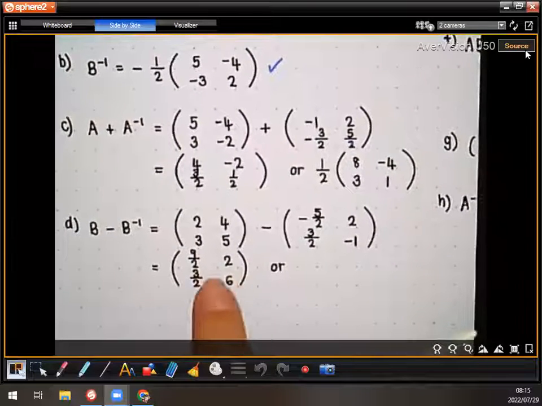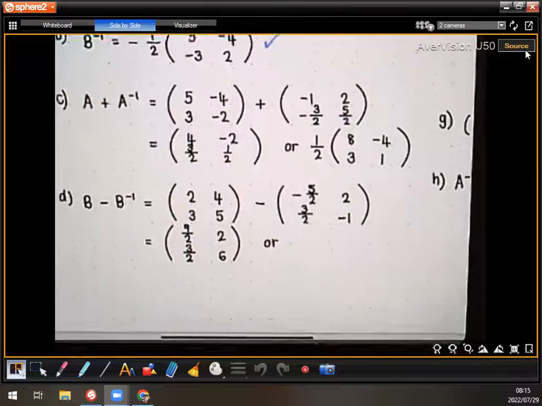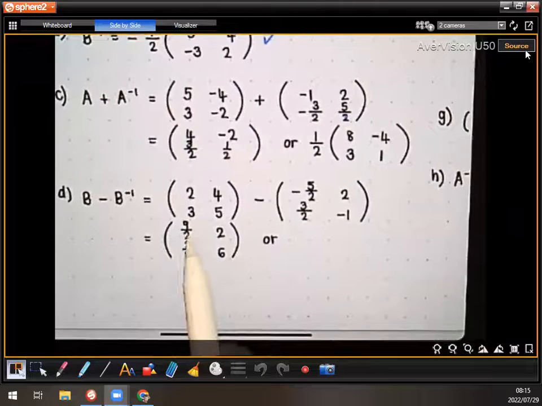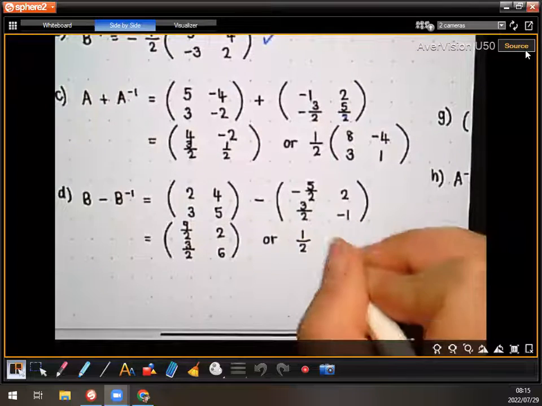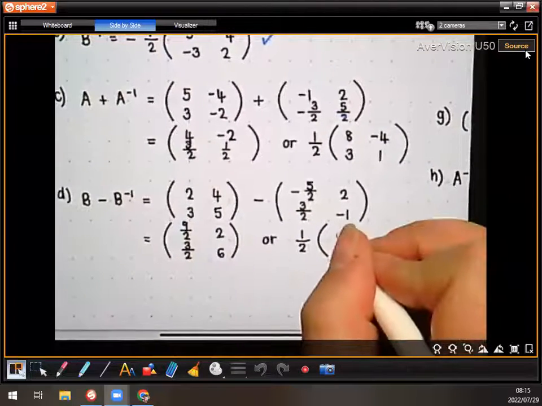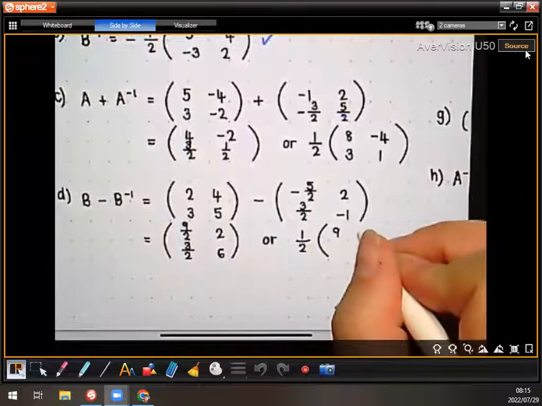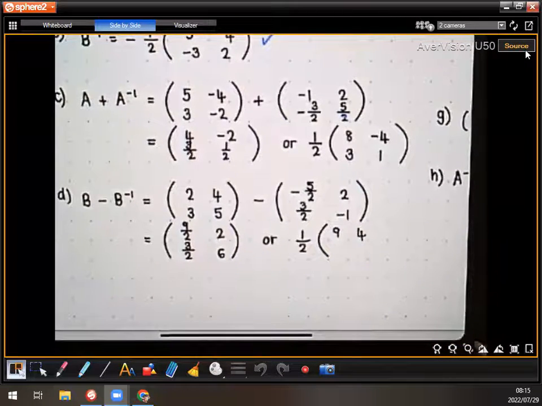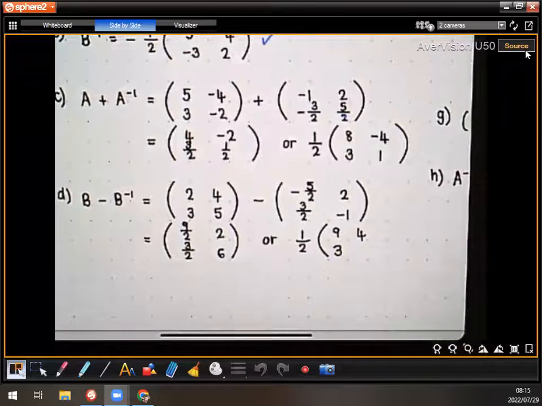If we want to write this with all whole numbers, what number must I write in front of my matrix? A half, because both of those are over 2. So that just becomes 9. 2 divided by a half is 4. 3/2 divided by a half gives you 3.